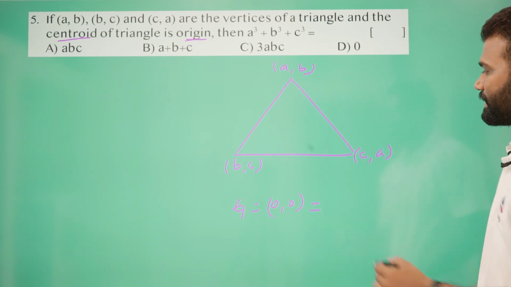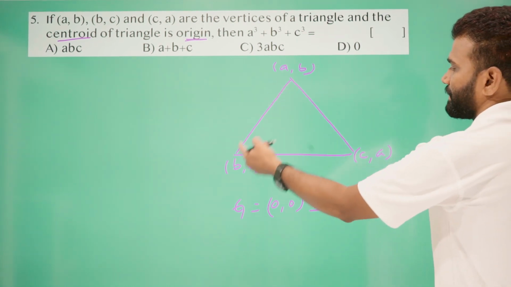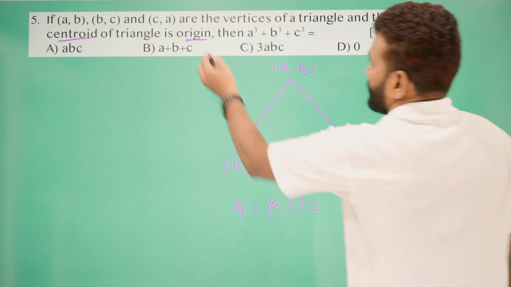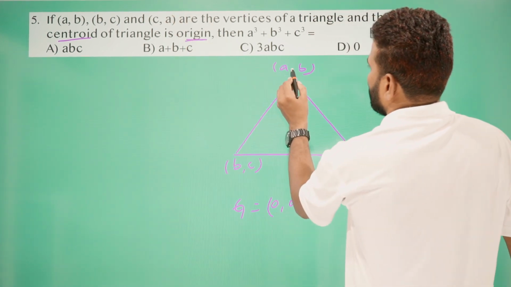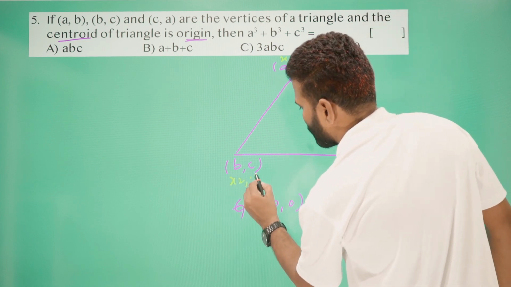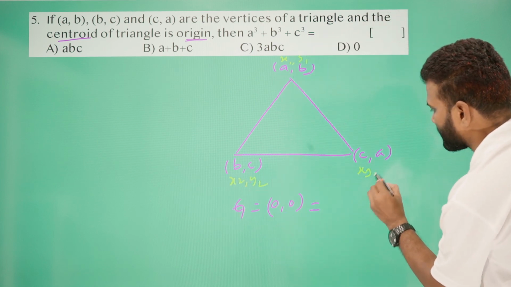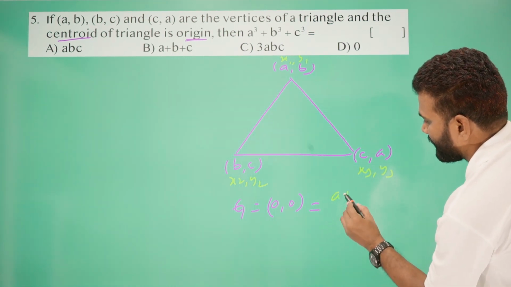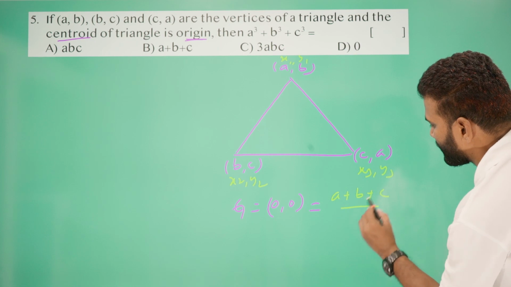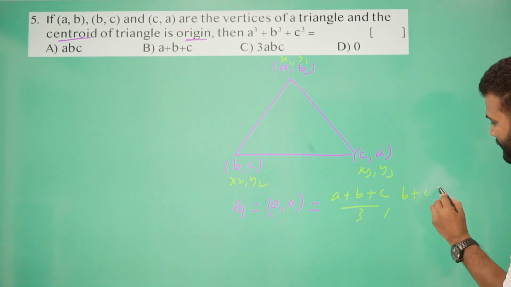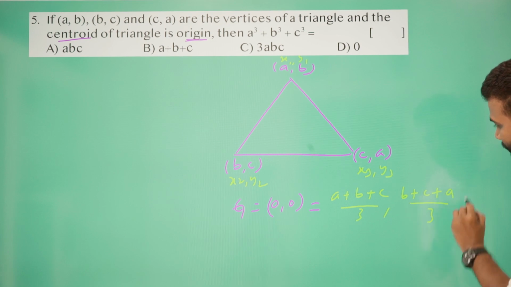We know that the centroid is ((x1 + x2 + x3)/3, (y1 + y2 + y3)/3). So let us assume this is (x1, y1), this is (x2, y2), this is (x3, y3), then the centroid is ((a + b + c)/3, (b + c + a)/3).